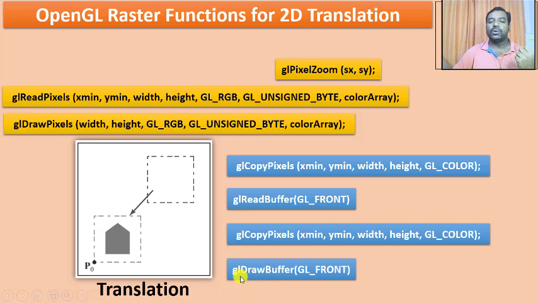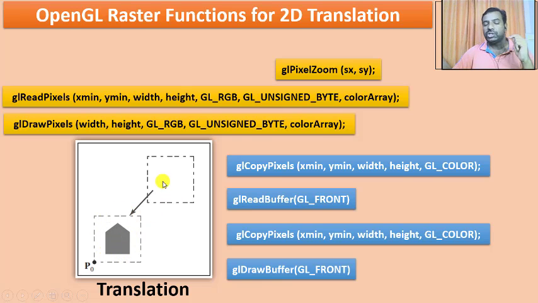Now I am going to execute glDrawBuffer. When I execute glDrawBuffer, whatever information I had copied in the temporary buffer will be copied, or drawn, into this new position, new location. Hence the object will be shifted to this new location.